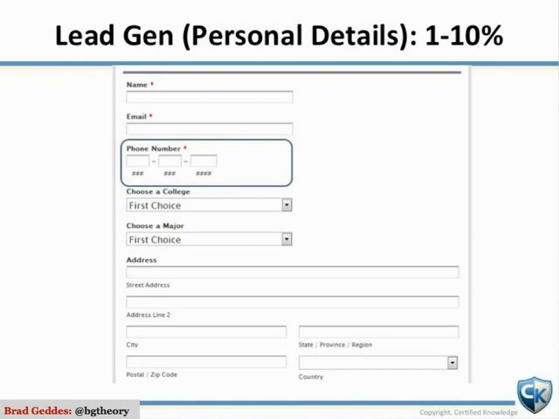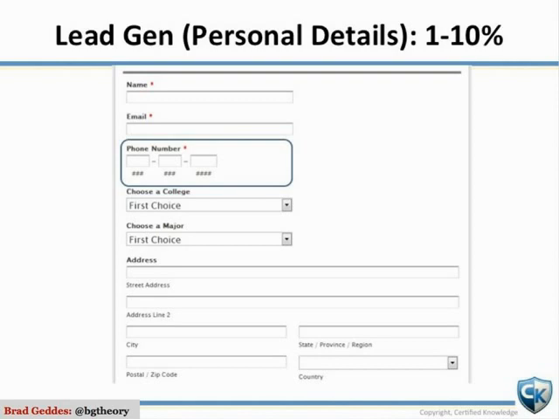So sort of the biggest difference a lot of times with forms is, do you want more people to see your information, or do you want more qualified people to get it? And that's a big difference, because if you just have name and email, you'll get lots of leads. You'll get a lot of good leads and a lot of bad leads.